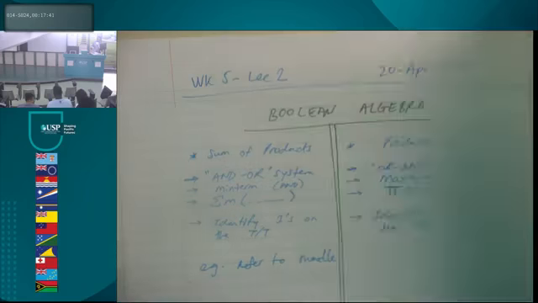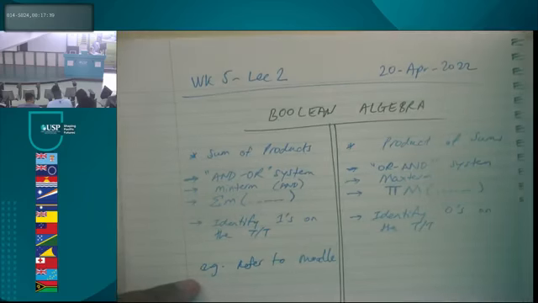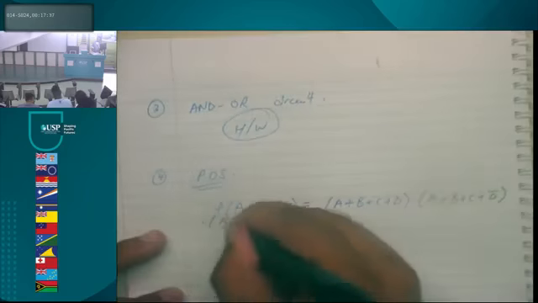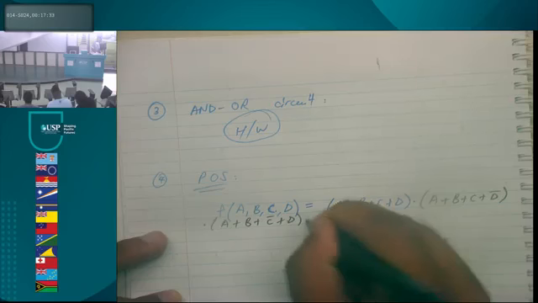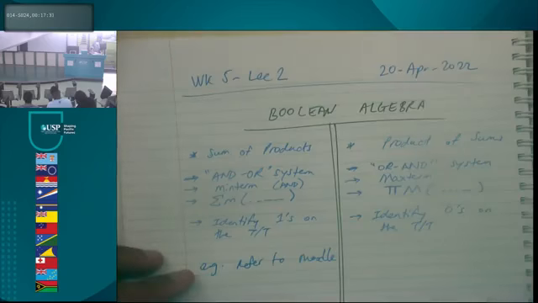Okay. What's line 3? A, B, C bar, D. Line 4. A, B, C bar, D bar.